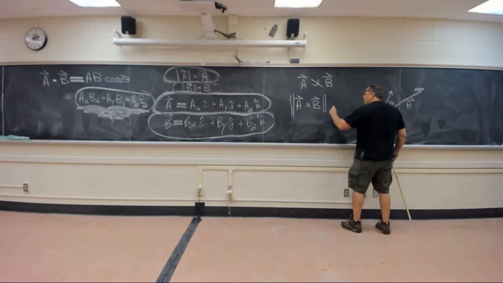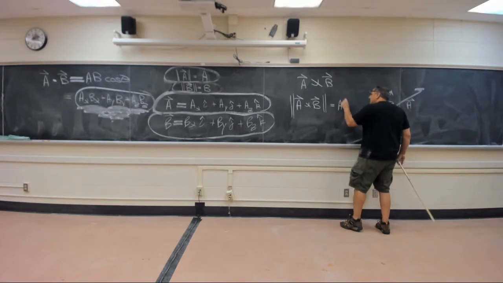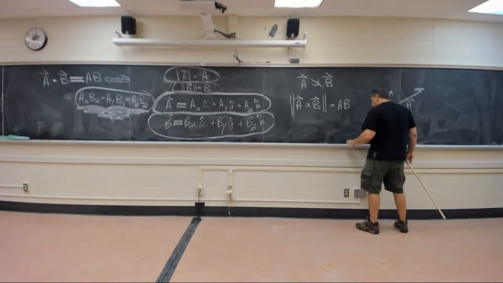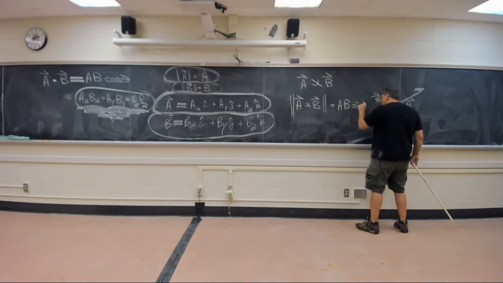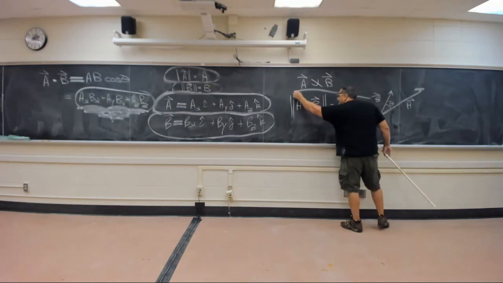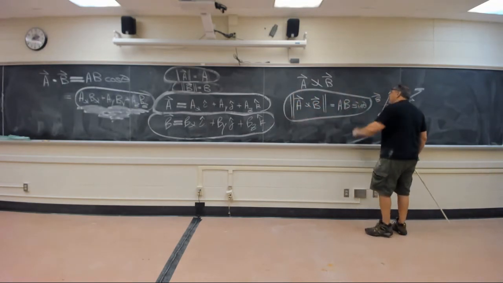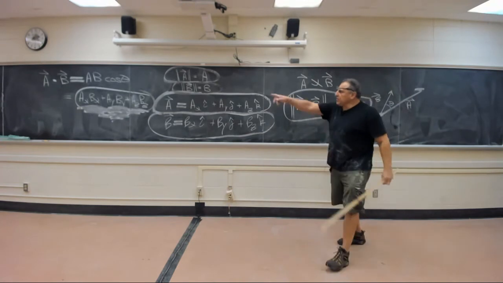The magnitude of that is as big as A times as big as B. Take the size of A, the size of B, multiply them, and multiply by the sine of theta. This is useful when you're dealing with torques. The other one's useful when you're dealing with work.